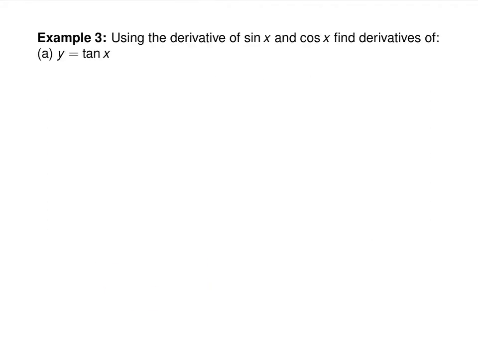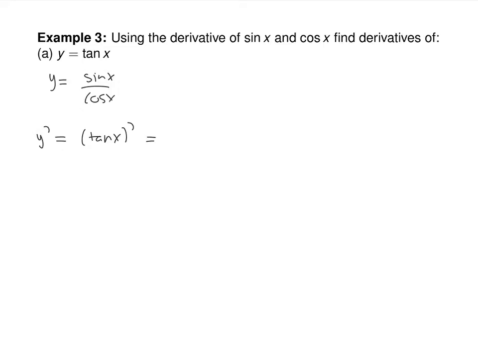Okay, once you know sine and cosine's derivatives, every other derivative can be computed using the quotient rule, okay? Because what is tangent? Sine over cosine. So if I want you to find y prime, or tan prime, you can take the fact that tangent is sine over cosine and use the quotient rule and figure out what its derivative is.